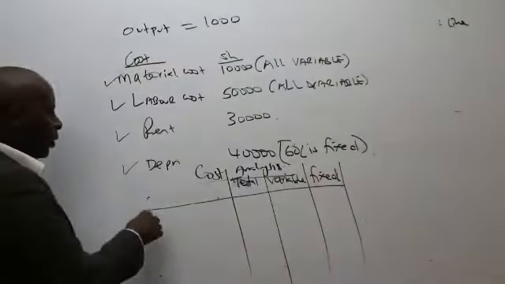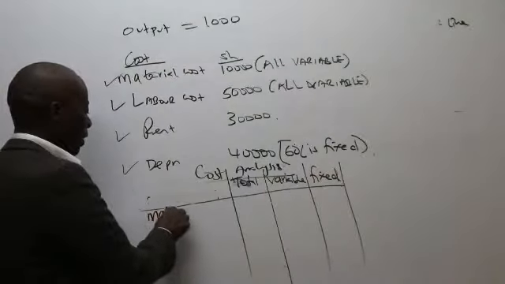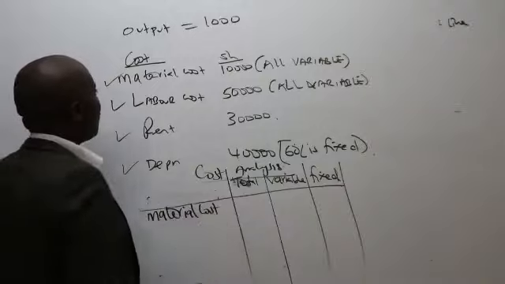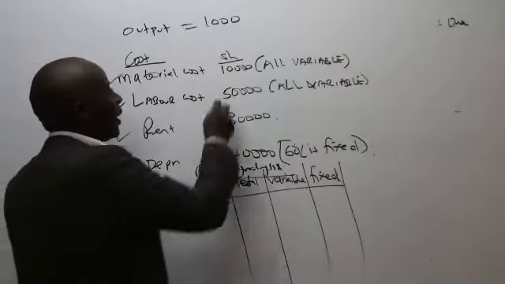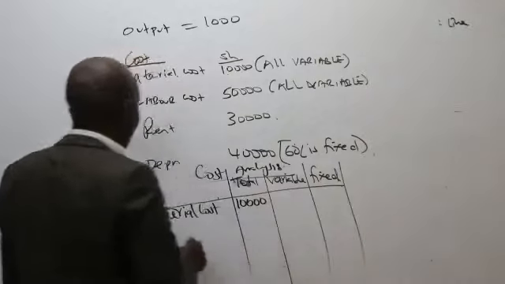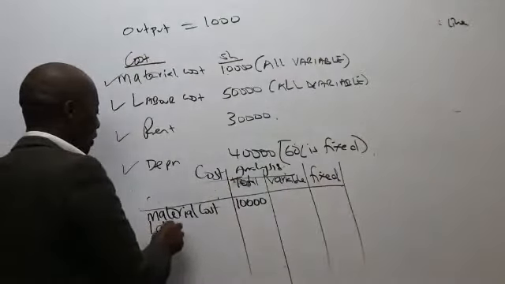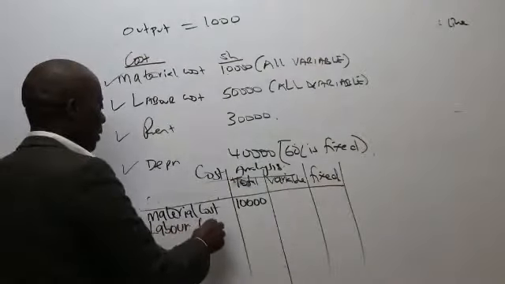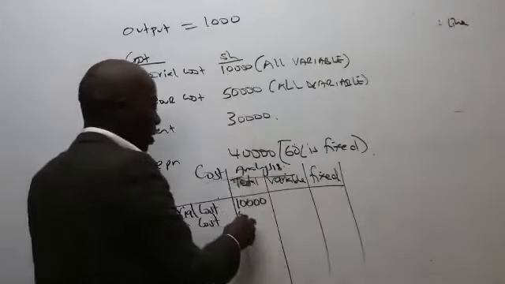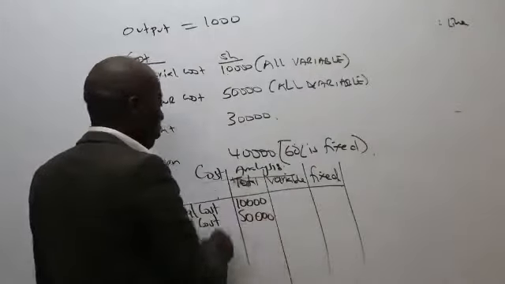Okay, so we start with material cost. Material cost, what do we have? A total of 10,000 shillings. From there, we have labor cost, 50,000 total.